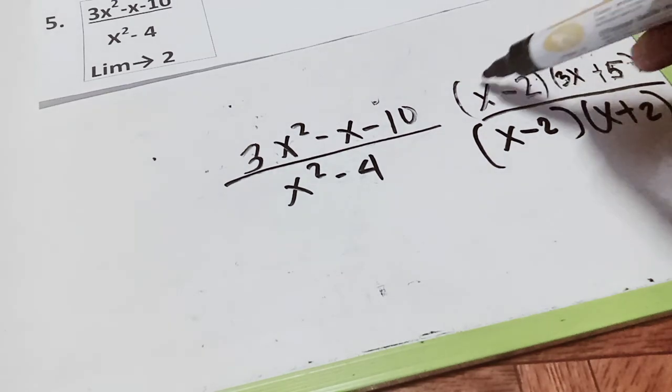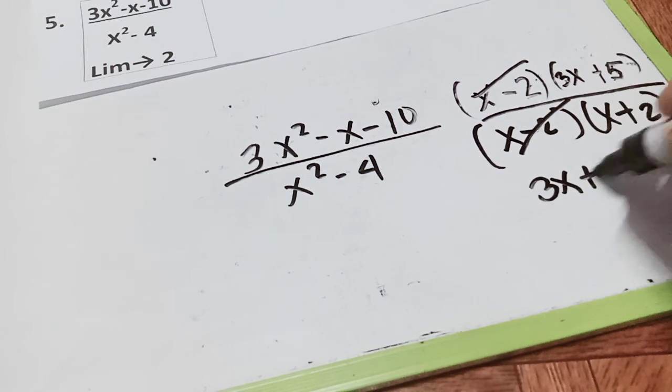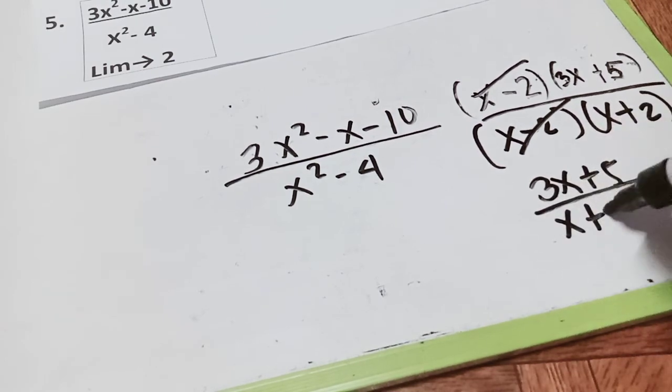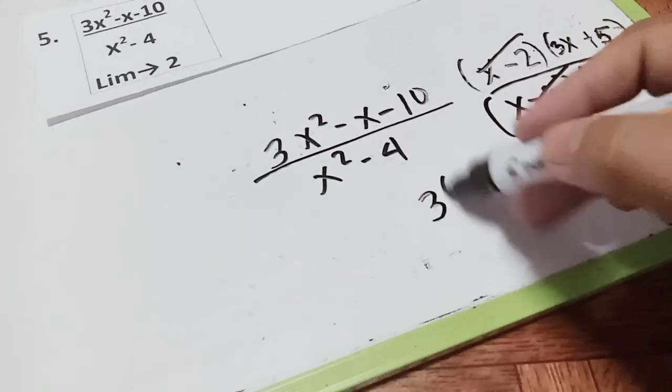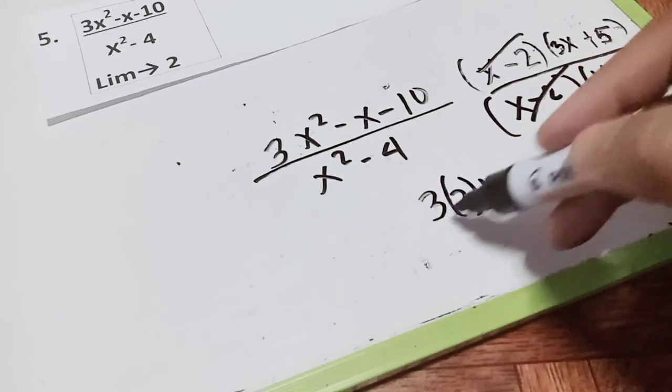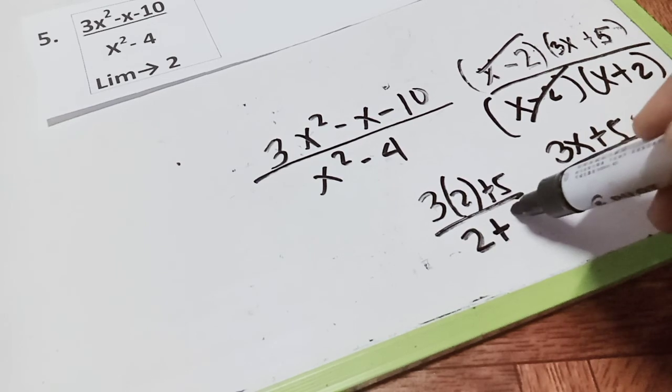And then factor out x minus 2 and then x plus 2. So we need to cancel out this one. So the remaining will be 3x plus 5 over x plus 2, and then we will substitute 2. Let's try to substitute 3 times 2 plus 5, and then 2 plus 2.